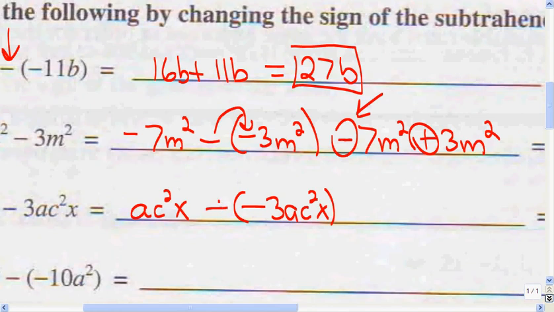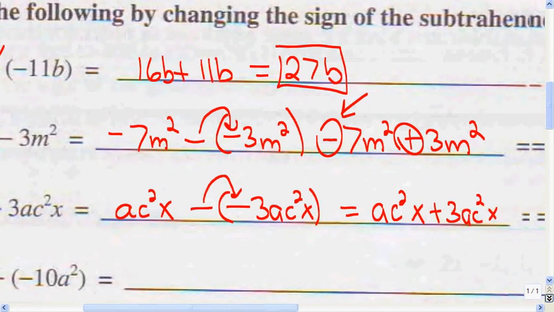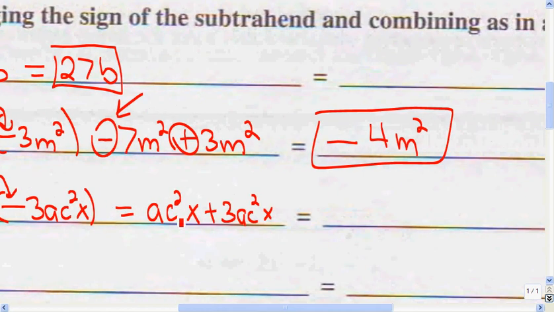Because this negative tells us to subtract this negative, what we get is ac squared x plus 3ac squared x. Now, since the signs are the same, we add 3 and 1 is 4ac squared x. That's our answer.